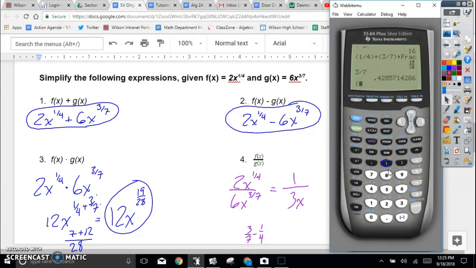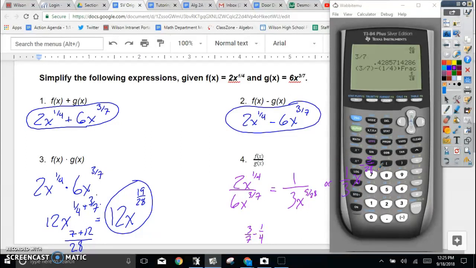And again, you can do it on the calculator. I'll show you how to do it by hand then. 3/7 minus 1/4. Make sure you keep it in fraction form. 5/28. So that would be here. Okay, so you could write it like that, and I'll put an or up here in a second. I could also write it as 1/3 times x to the negative 5/28.